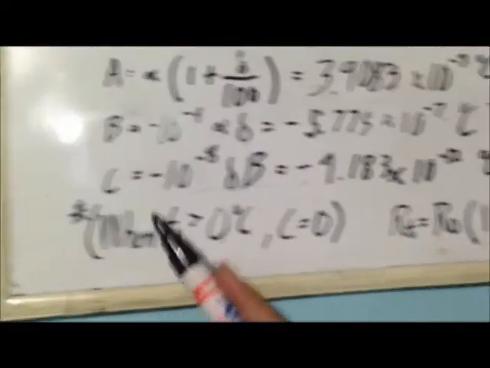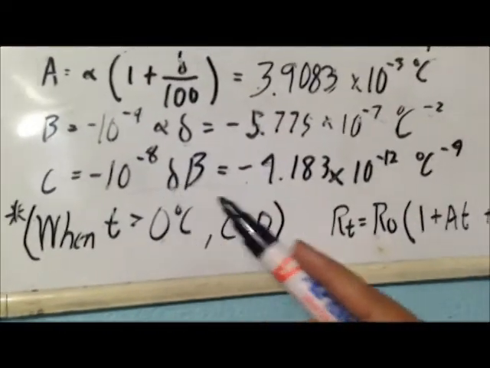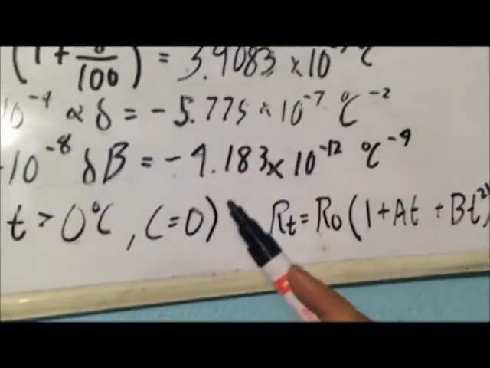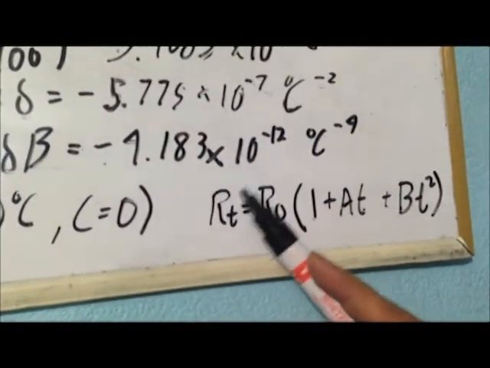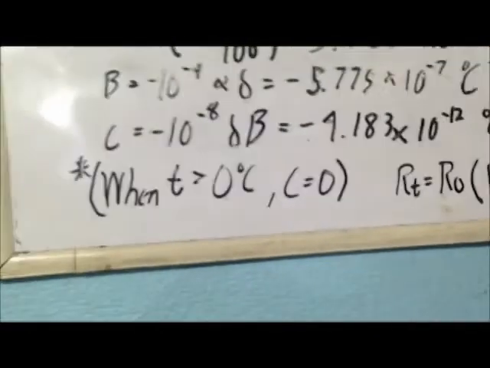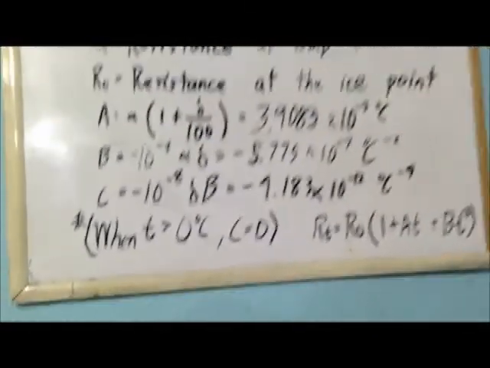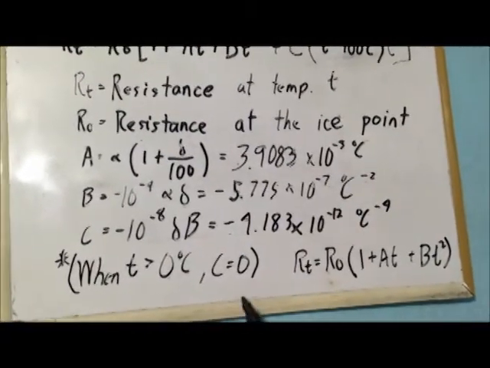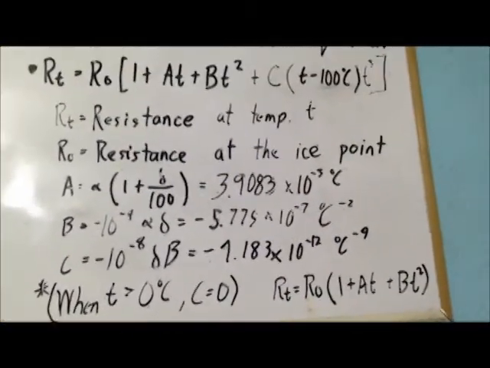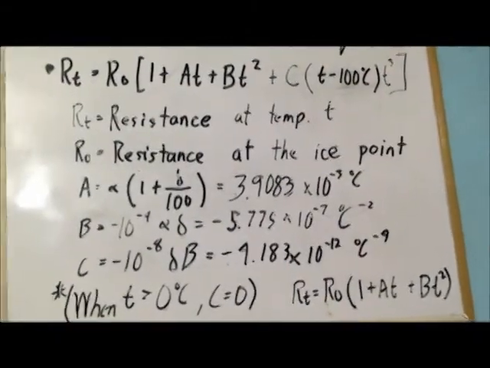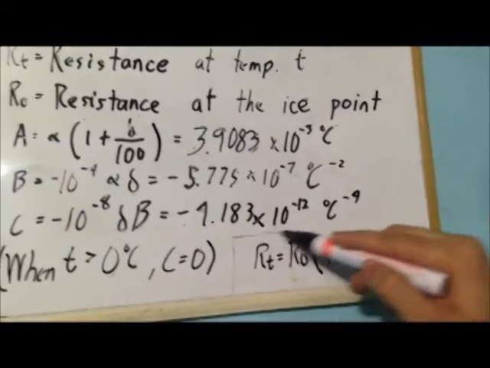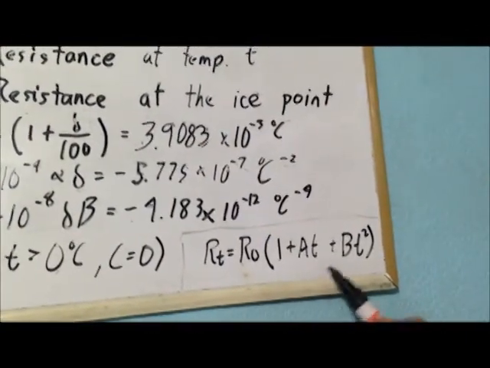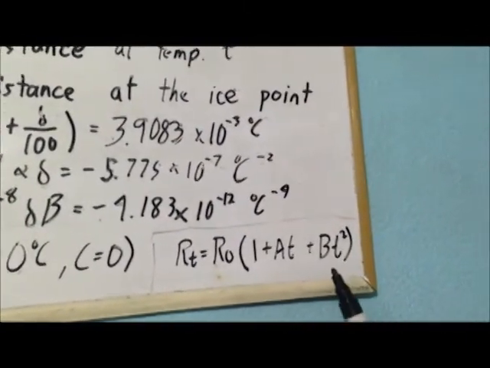And C is equal to negative 10 to the power of negative 8 multiplied by delta beta, which is equal to negative 4.183 times 10 to the power of negative 12. But in the positive quadrant, temperature over 0 degrees Celsius, C is 0. So the behavior of platinum RTD simplifies to the equation RT is equal to R0(1 plus AT plus BT squared).